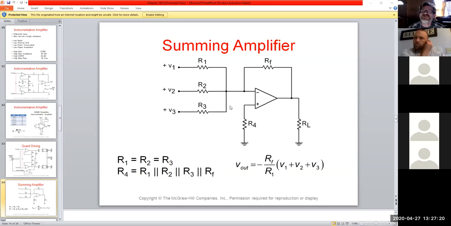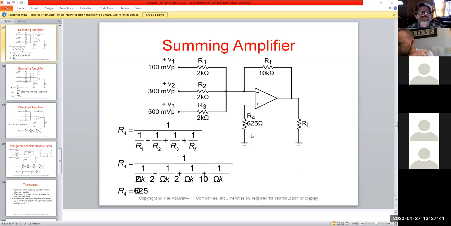Otherwise, you would get a slightly different circuit, and you'd have to do a lot more math involving the impact of the varying resistors. But yeah, it's simple, widely used, has a lot of applications, but very easy to set up. And yeah, summing amplifier.